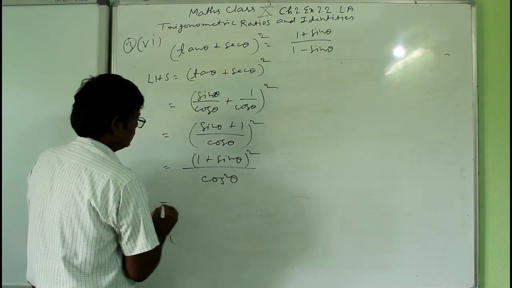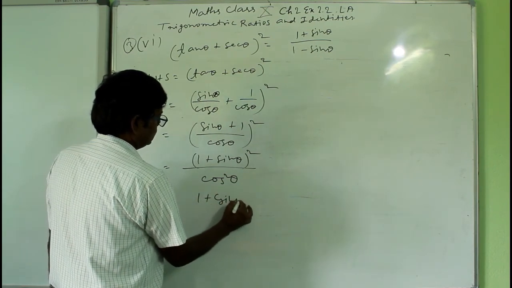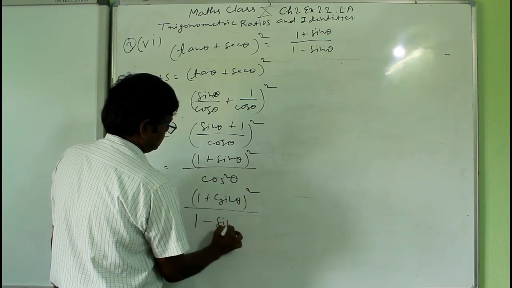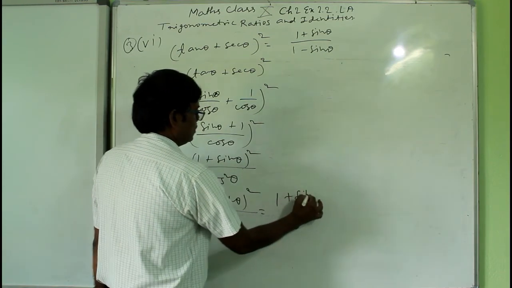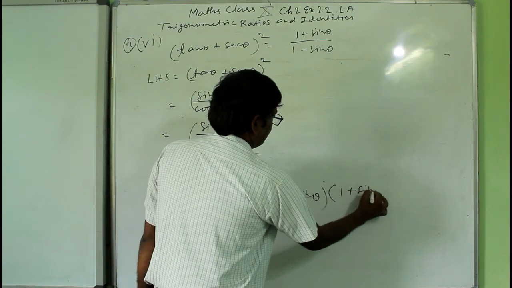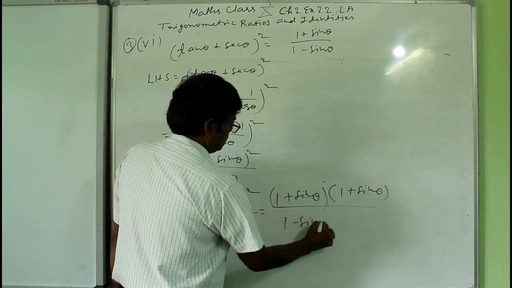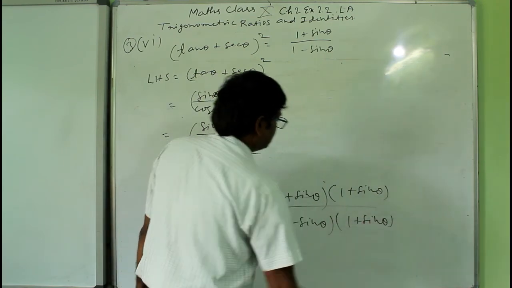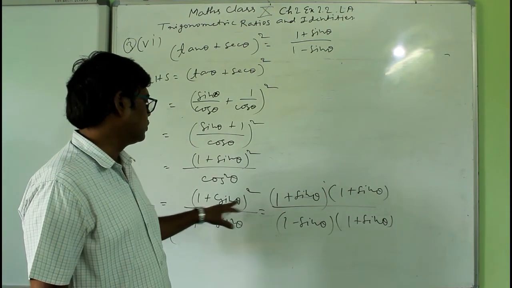So you have here 1 plus sin theta whole square by 1 minus sin square theta, and this will be equal to 1 plus sin theta, here 1 plus sin theta also, and below you have 1 minus sin theta and 1 plus sin theta. So here the formula, don't break this, that is a plus b whole square.